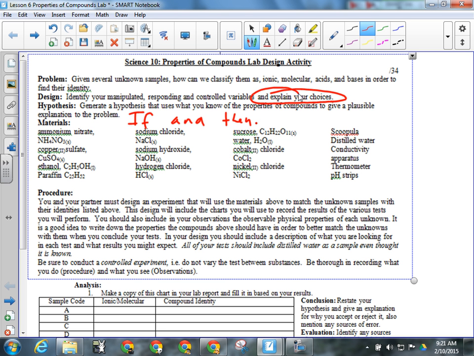The and part, what do we do in the and part? Anyone remember? Maybe we should look, because we wrote it down yesterday. What does the and part of the hypothesis talk about?